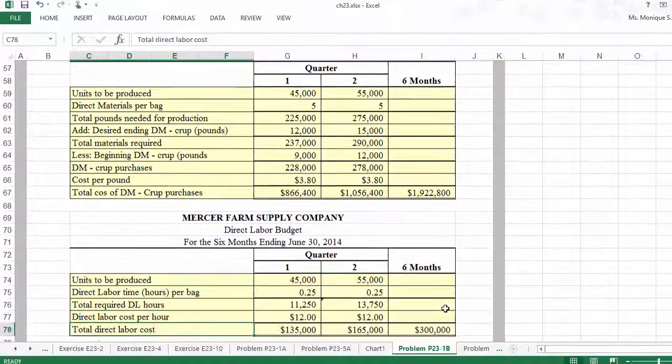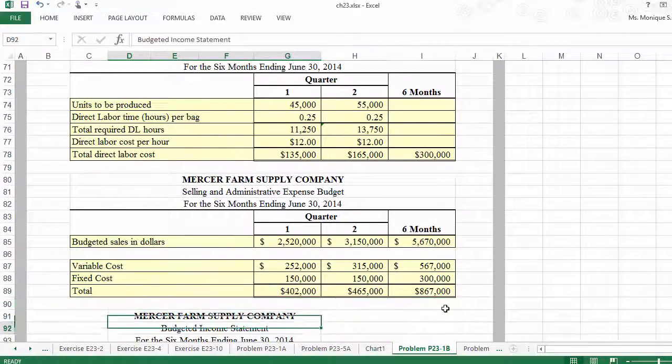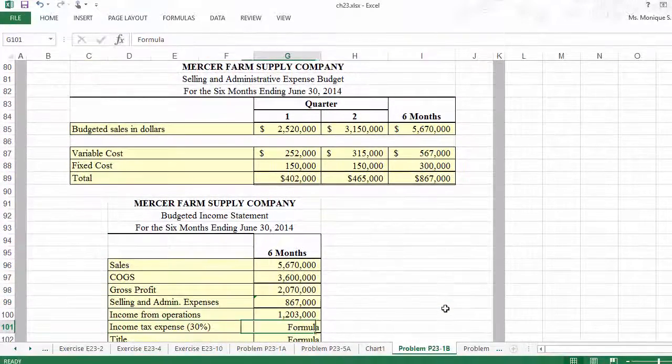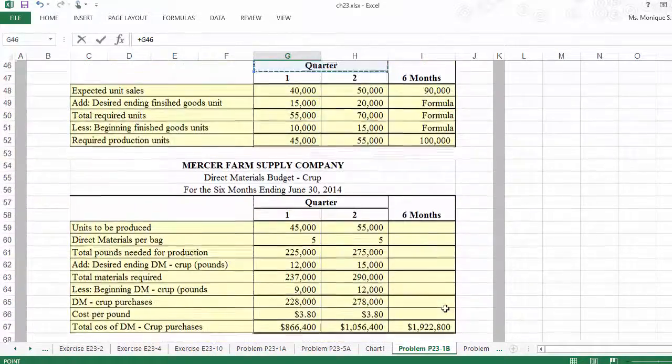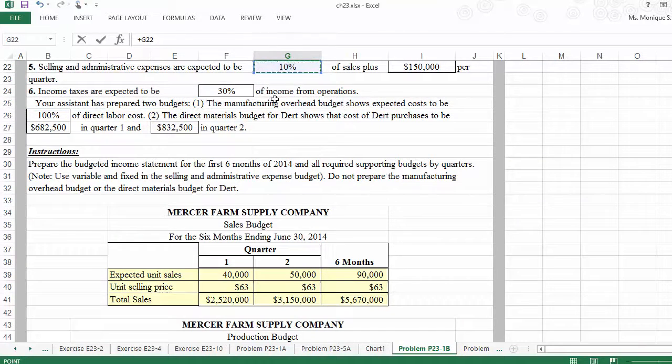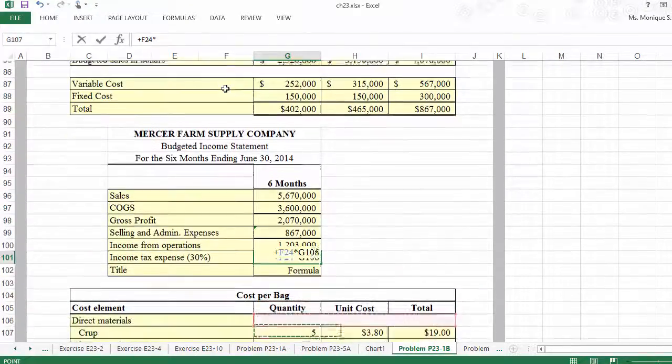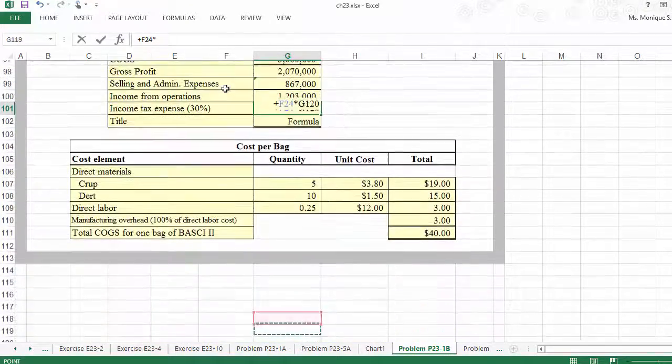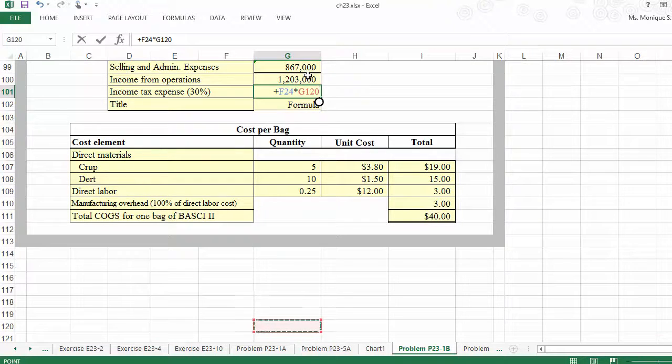So we'll do 30% multiplied by the income from operations, that's F24. So 30% of 1,203,000, and we get a total income tax of $360,900.